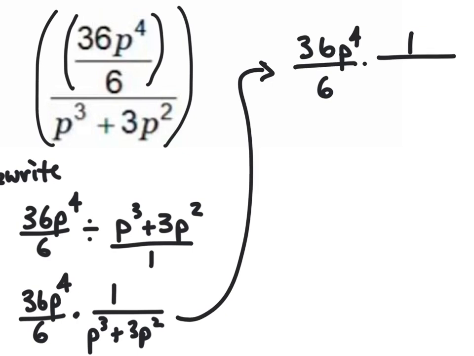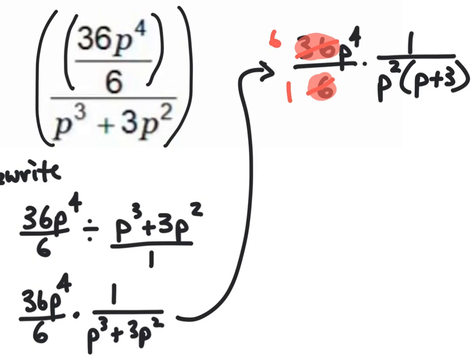Let's factor something out here. We can factor out a p squared, so this becomes p squared, and you're left with p plus 3. Now I can look at a few things to divide out. I can divide out the 36 and 6, which gives 6 over 1.